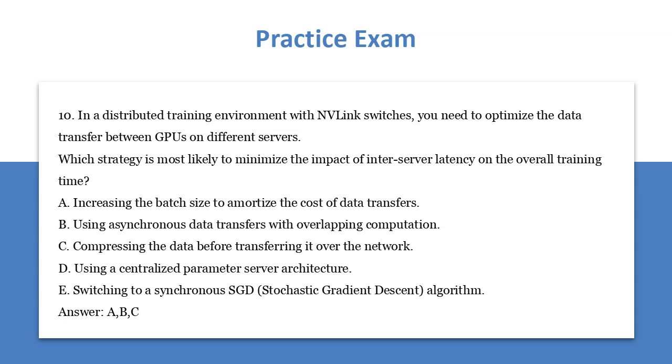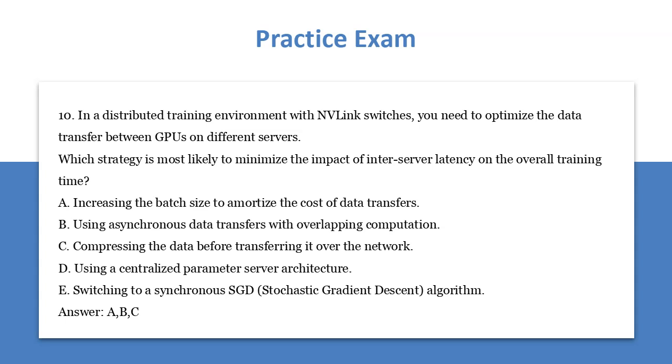10. In a distributed training environment with NVLink switches, you need to optimize the data transfer between GPUs on different servers. Which strategy is most likely to minimize the impact of inter-server latency on the overall training time? A. Increasing the batch size to amortize the cost of data transfers.